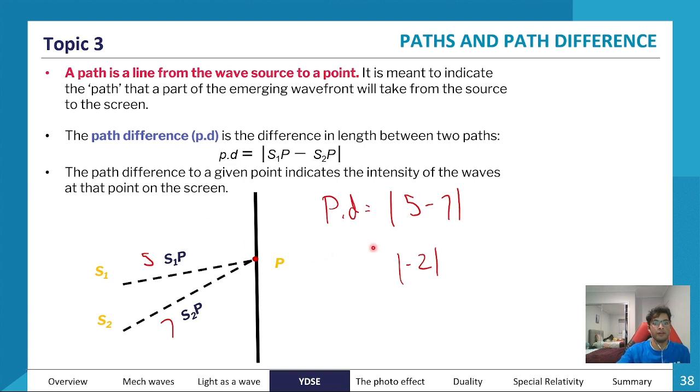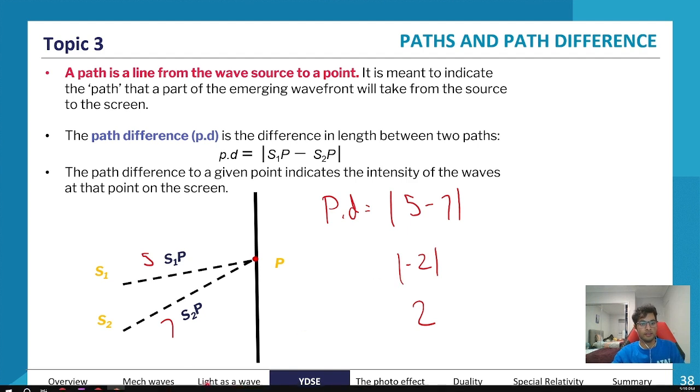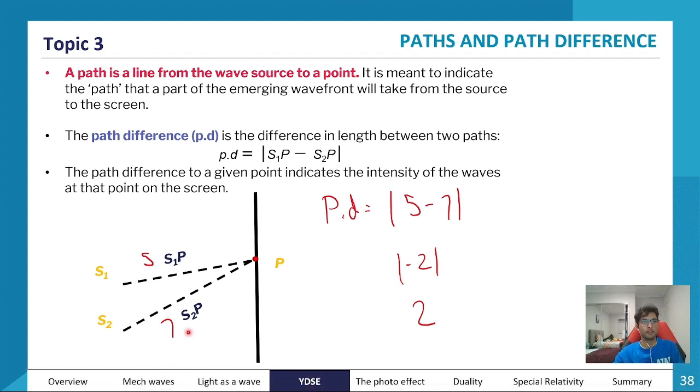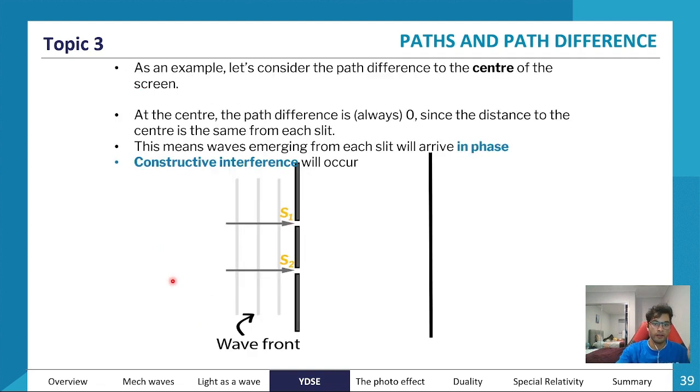And if anyone's not doing spec, modulus just means take the value, so if it's a negative number, just take the number that's there. So the path difference is 2. Essentially, what we're saying is the second wave has to travel an extra 2 meters more than the first wave. That's all that we're saying. So here's the thing.